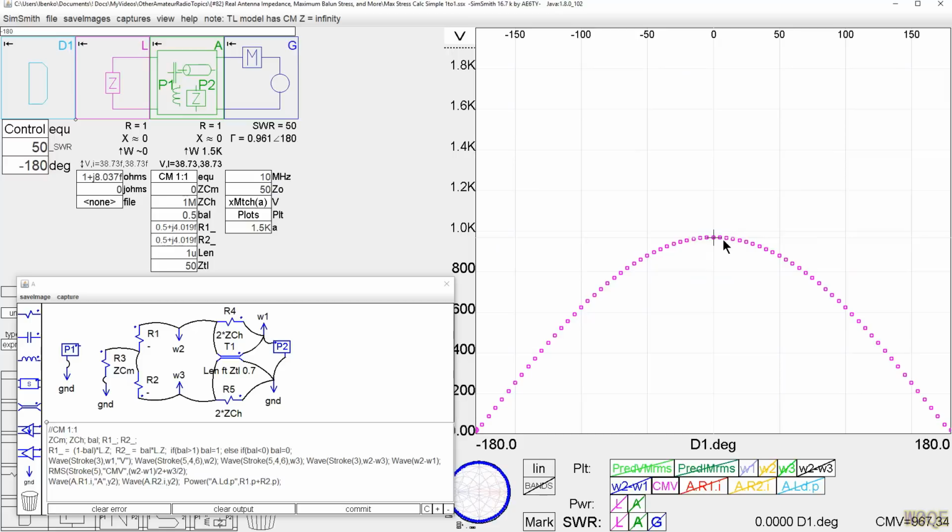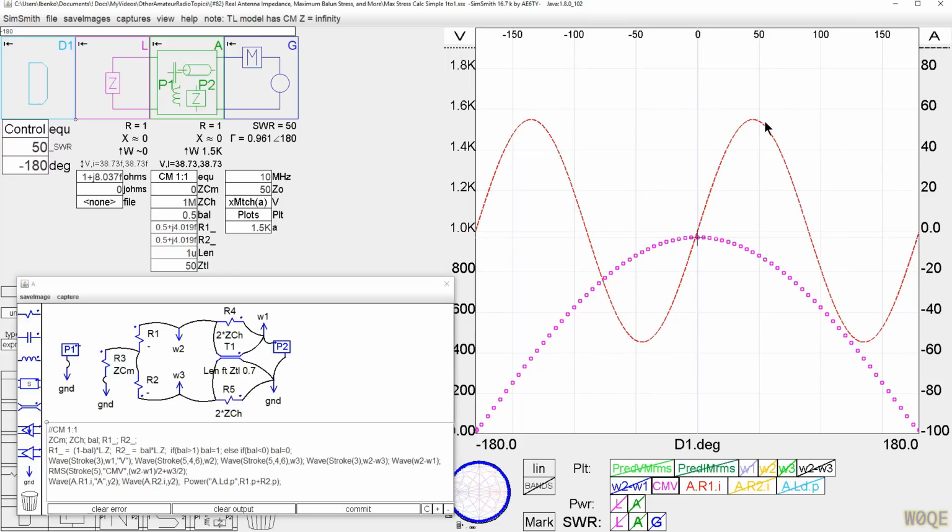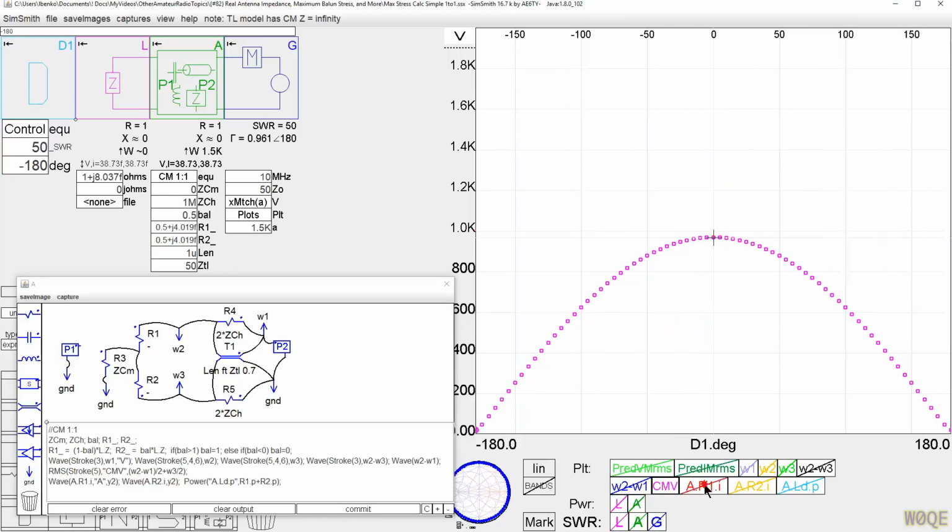It's hard to see, but you can see the dot moving down there. The dot's right here. In this case, we have high current. The current at this point is huge. It's 50 some amps peak, which is a huge current, and we clearly are going to have a hard time feeding any antenna through any normal feed line.